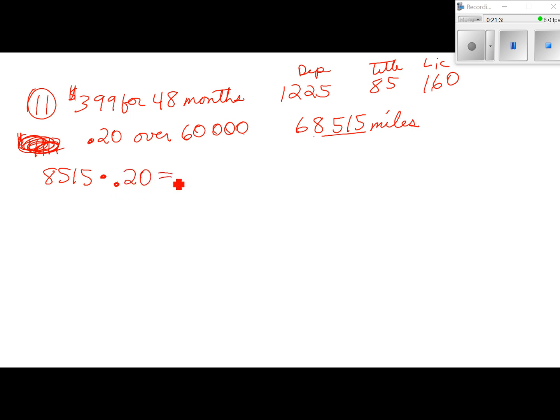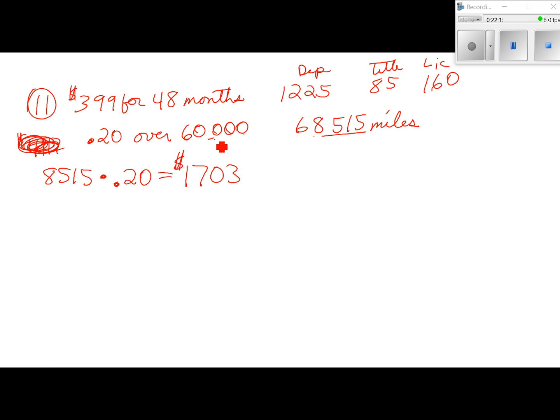Grab your calculator and multiply it. 8,515 times 0.20, and we end up with $1,703. And 8,000 miles doesn't look like a whole lot compared to 60,000 miles, but when you drive more, it ends up costing quite a bit. So you need to really watch the miles if you're leasing a vehicle.